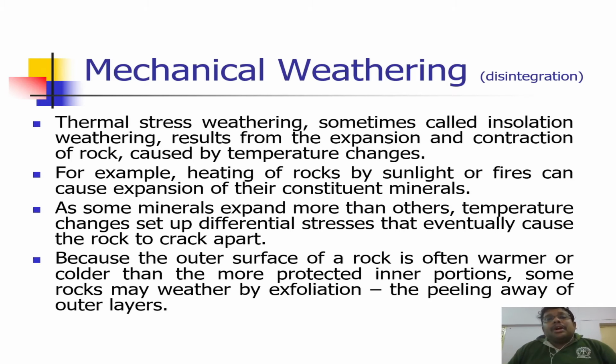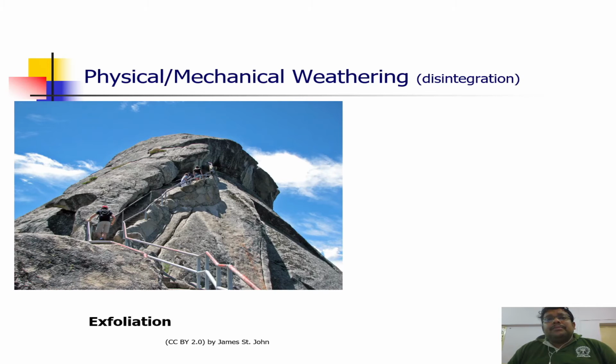Because the outer surface of the rock is often warmer or colder than the more protected inner portions, some rock may weather by exfoliation, which is the peeling away of outer layers. This is an example of the exfoliation process.